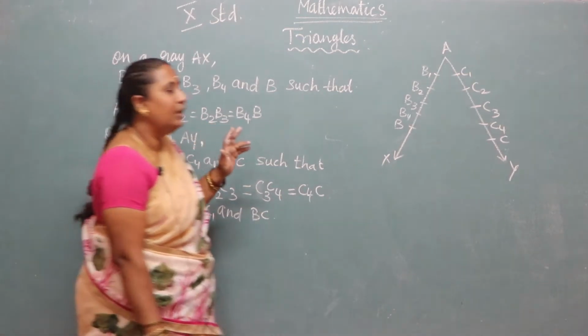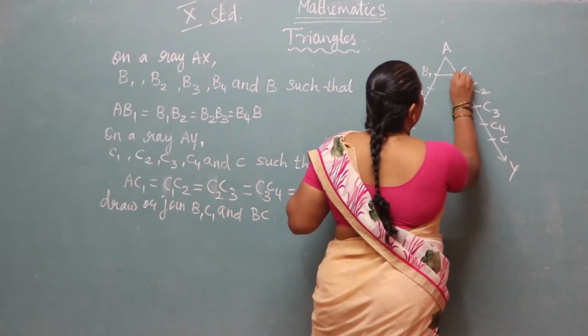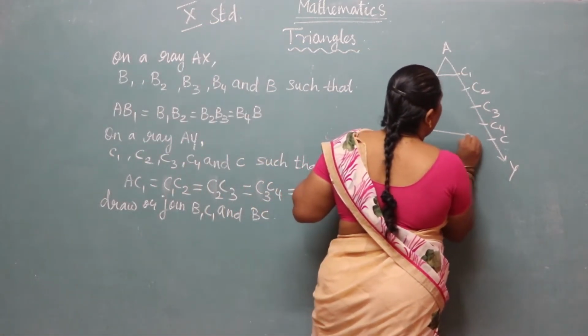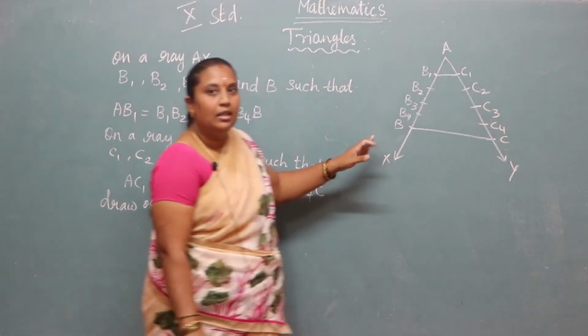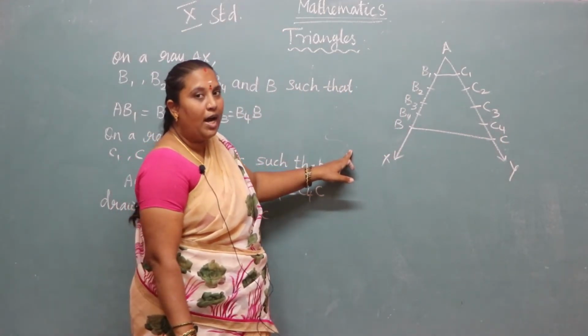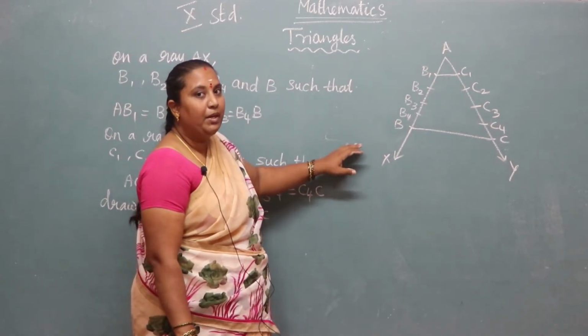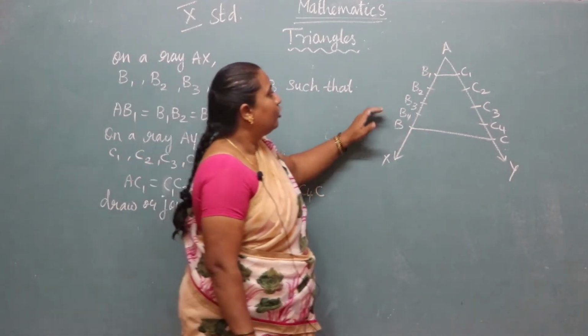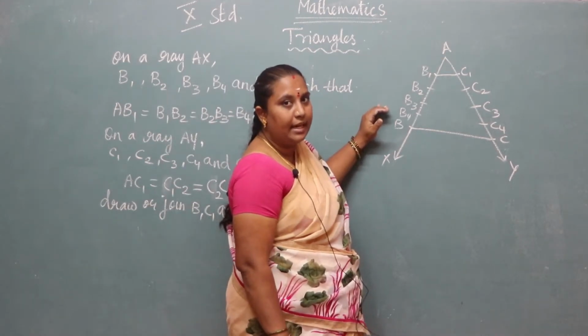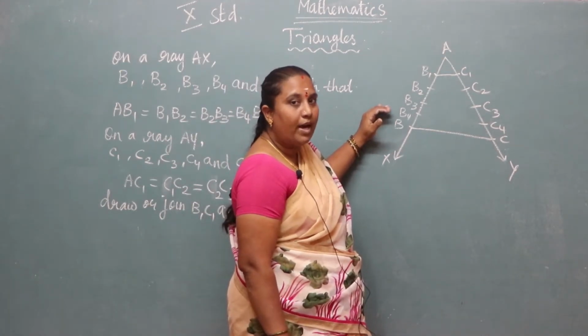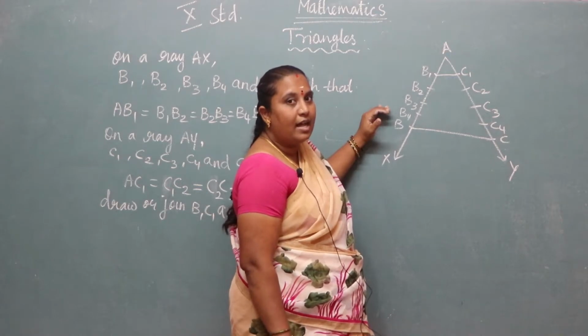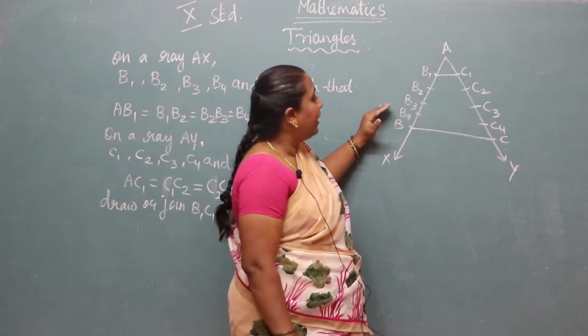We are joining these two points on the two rays. Now we already know the BPT theorem. What is the BPT theorem? A line drawn parallel to one side divides the other two sides in the same ratio.